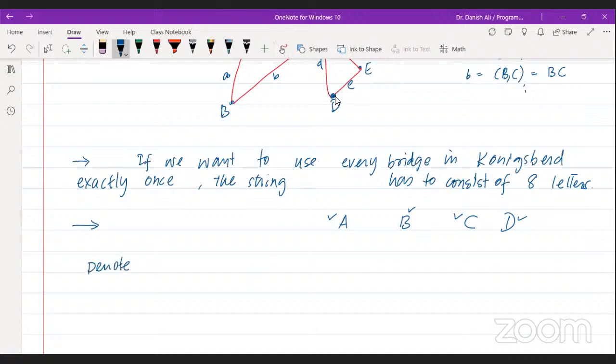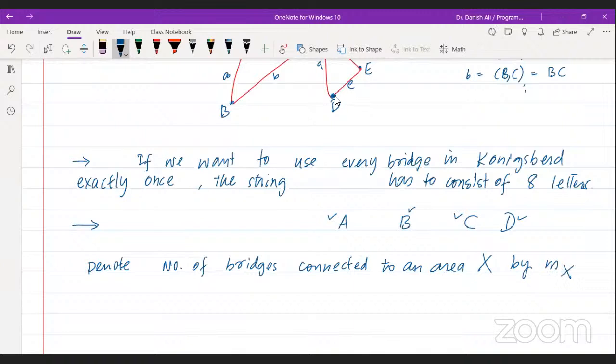Suppose I name the area X; we denote the number of bridges connected to area X by MX.